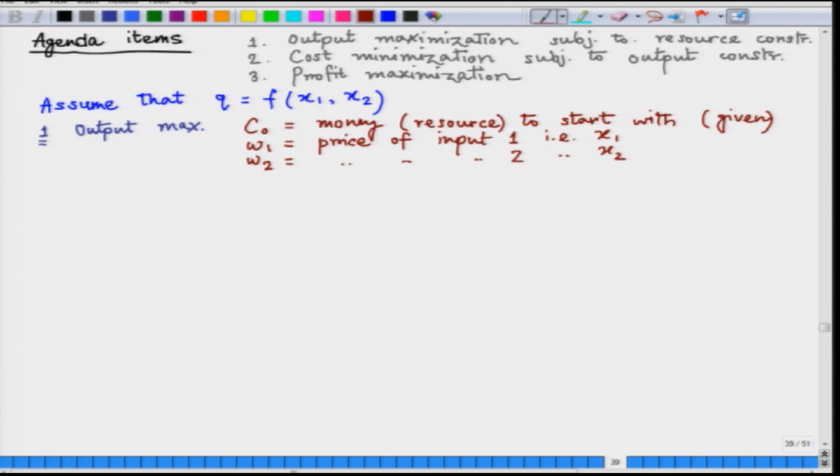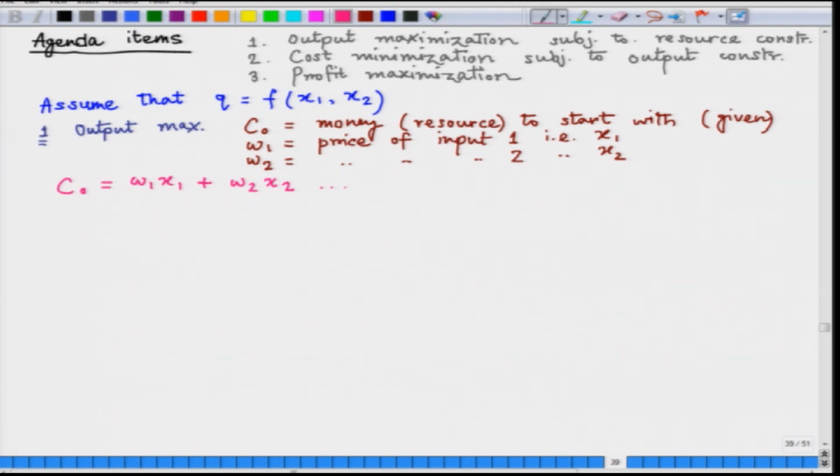So, now we are going to write something which you have already seen. In the case of consumer, we wrote the budget constraint. Here also, if the farm spends the entire amount of money C naught on two inputs, then we can write this particular equation, right. And what does this give? This represents different combinations of x1 and x2, it implies input levels which will perfectly utilize the resource.